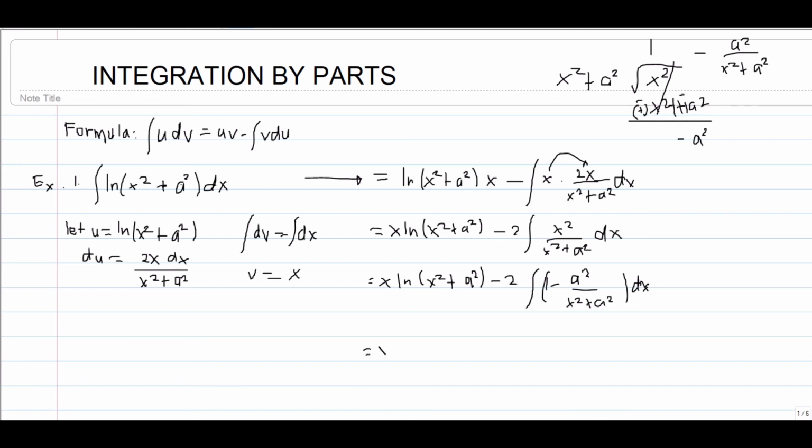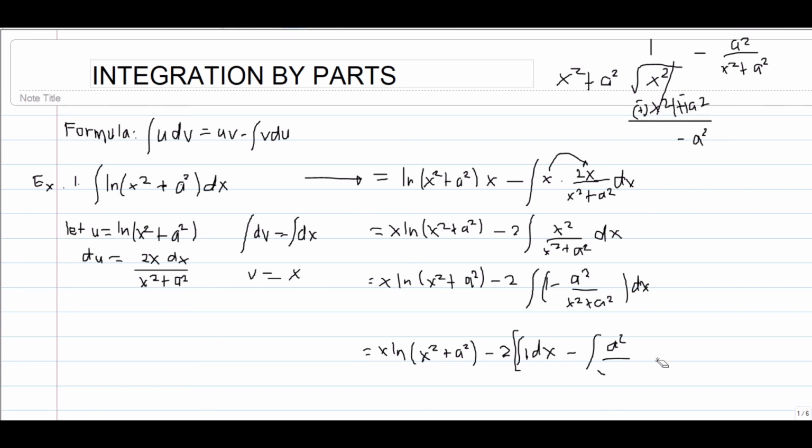Therefore, this is x ln of x squared plus e squared, minus 2 times the integral of 1 dx, and then we take a bracket here, minus the integral of e squared over x squared plus e squared.